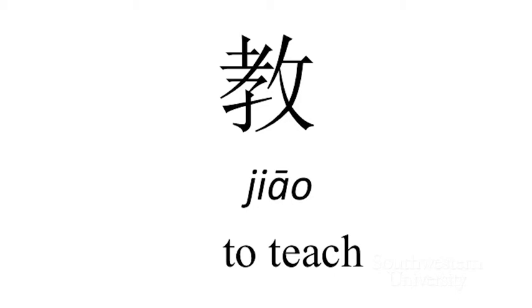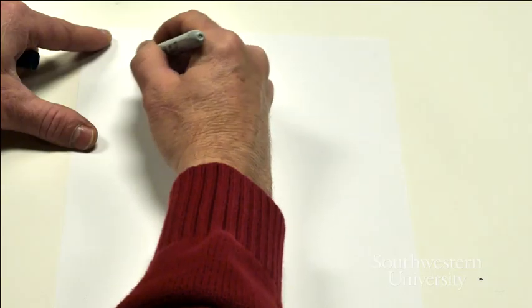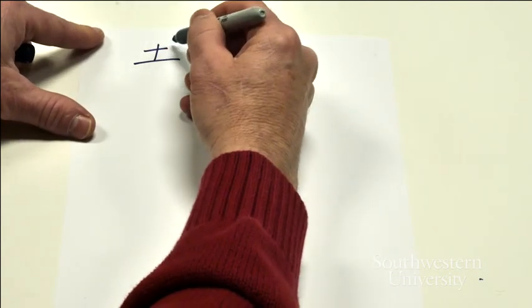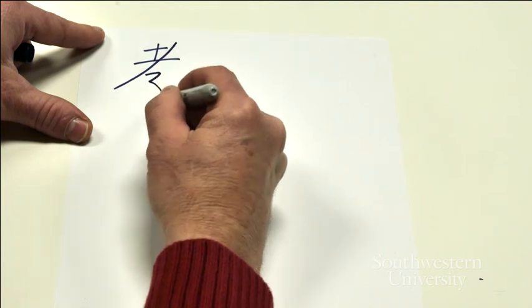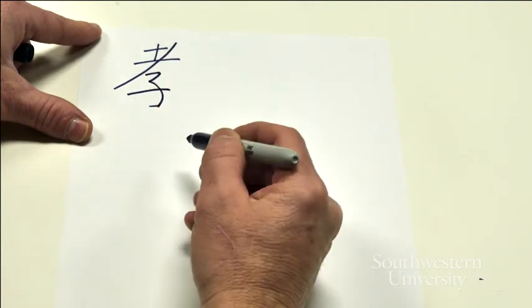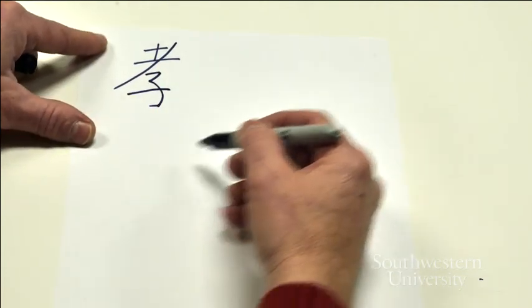The next character, jiao, is depicting hands passing something down to a child. Here we go. This is what's remaining of the two hands, and then the something passing down. And here it is, the child beneath. This is also phonetic here.